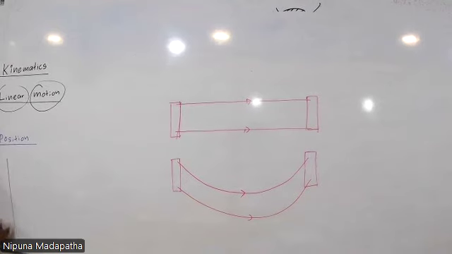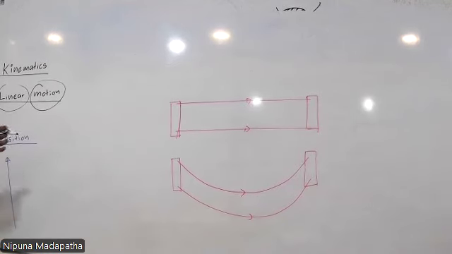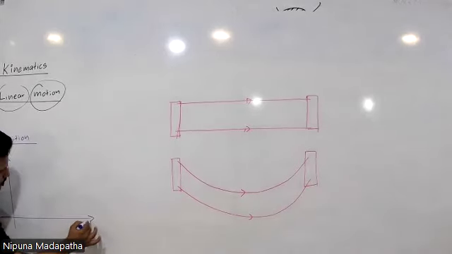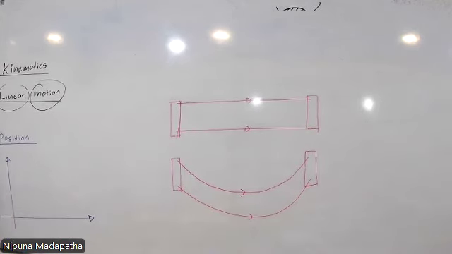Position means the point where the object is in space. In order to explain the position of an object, we need a coordinate axis. So suppose this is the time axis. This is time.